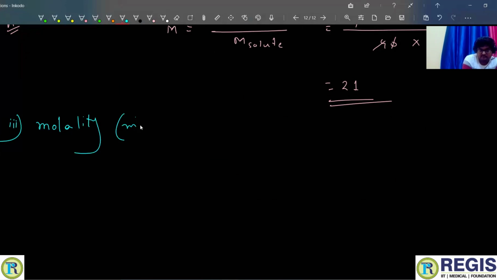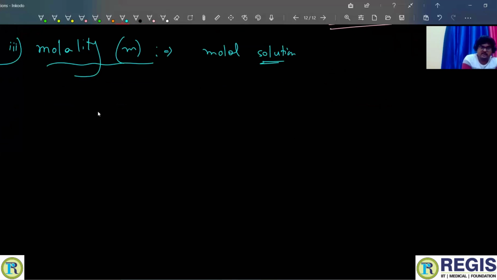In short, small m, molality can be considered as a molal solution. Now, what do you mean by molality? If you write down the definition of molarity, molality is a particular case.